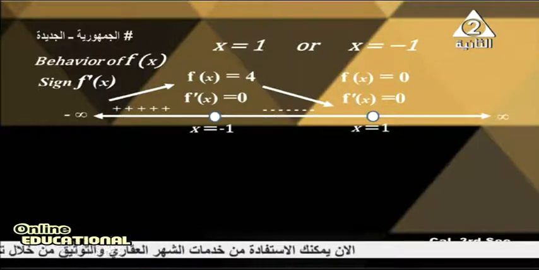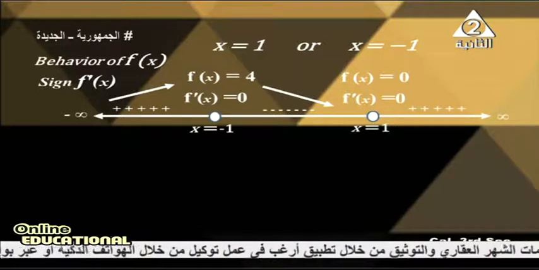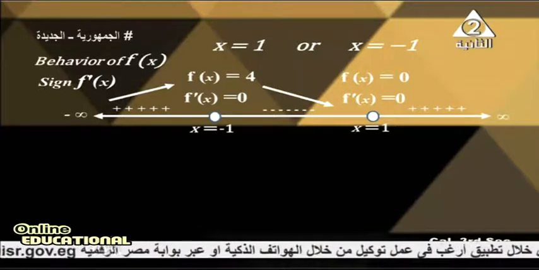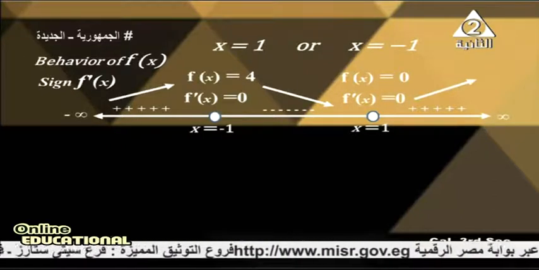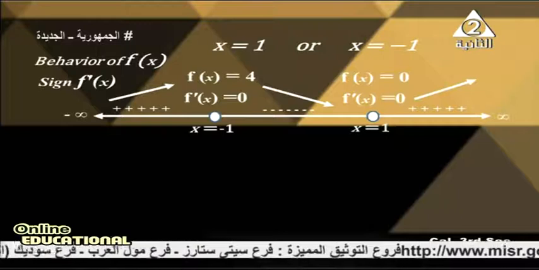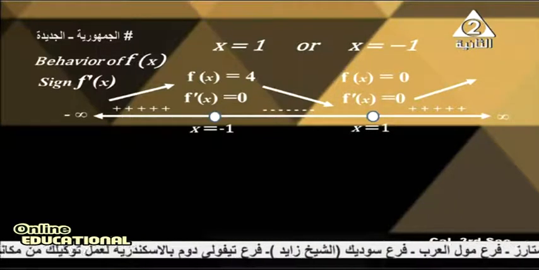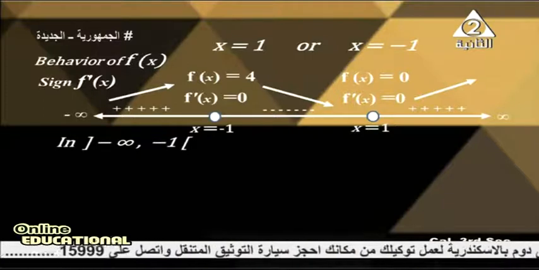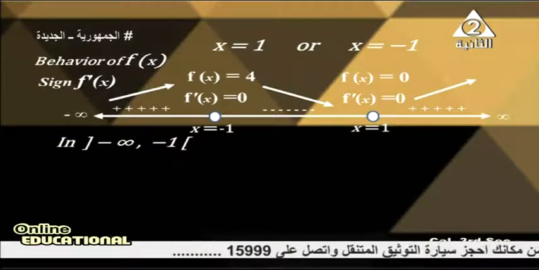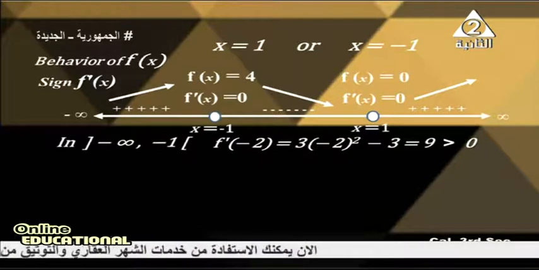Now the last interval, open interval 1 and infinity, f dash x is positive in this interval, then the curve of the function is increasing when x belongs to the open interval 1 and infinity. Now in the open interval negative infinity and negative 1, we can choose any number like negative 2 and substitute in the first derivative.